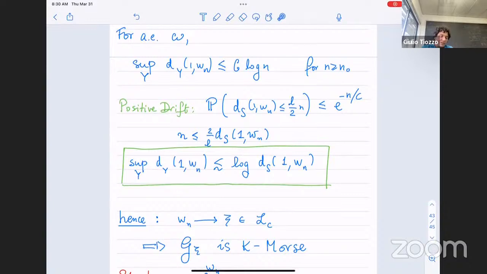And then we have to use this geometric lemma that we mentioned before, that if you are in this logarithmically bounded cloud, then the limit is kappa-contracting and hence kappa-Morse. That's the basic idea.